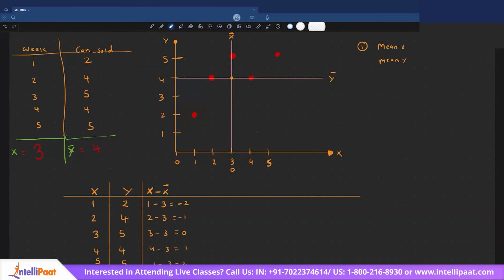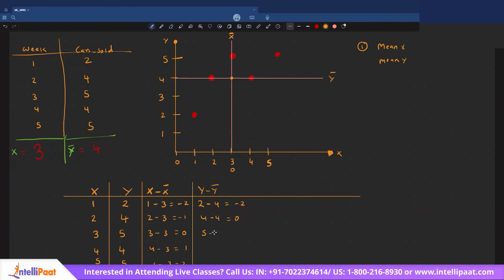Okay, because you did this with x, don't you need to do this with y also? So you need to calculate something called y minus y bar. So tell me, what is 2 minus 4? Minus 2. What is 4 minus 4? 0.